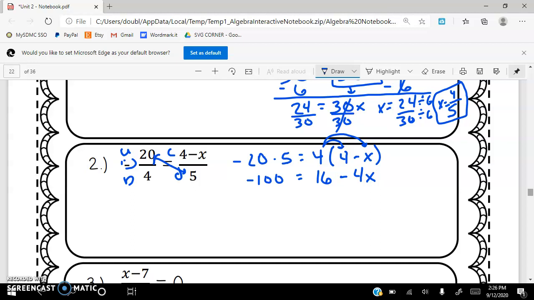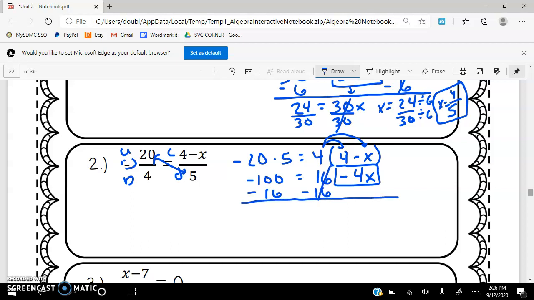So now we need to get this negative 4x by itself. Eventually we're looking for x. So what we have now is a positive 16. Okay, the positive 16 inverse is minus 16. So we got to do that on both sides.